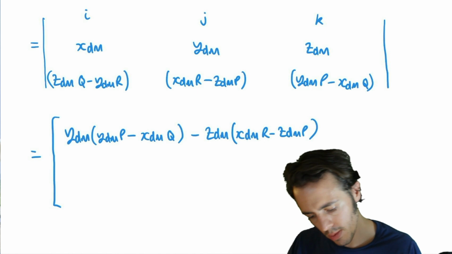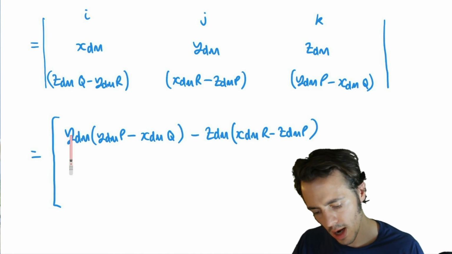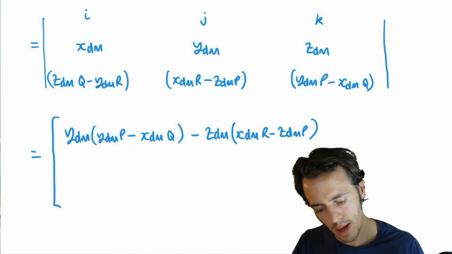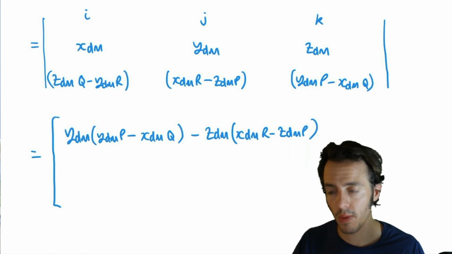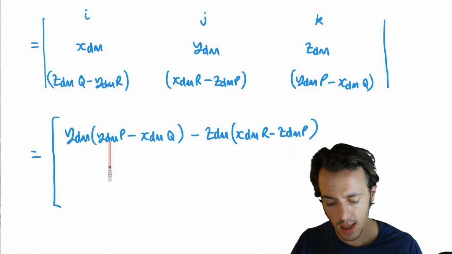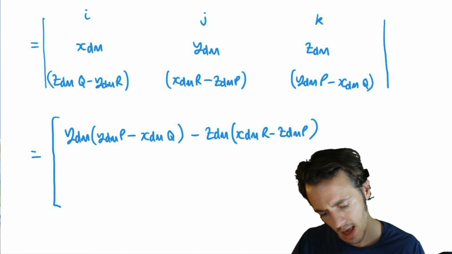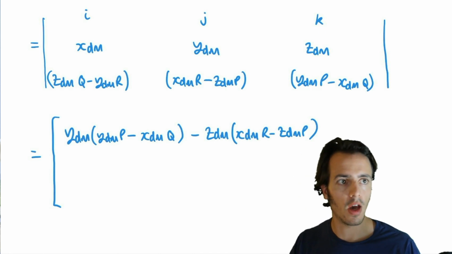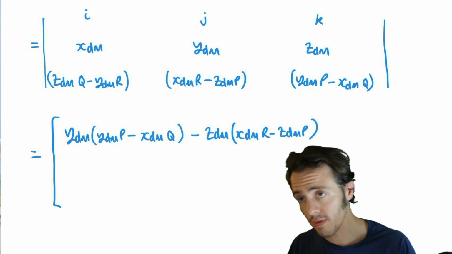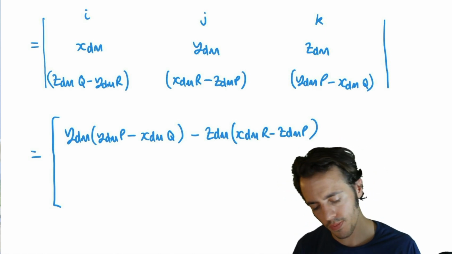You can probably see that we're going to have some squared terms here. So I've got y dm multiplied by p, and I've got z dm multiplied by p as well. So we're going to have y dm squared plus z dm squared multiplied by p, and then we're going to have some other terms. So I'll do all of the cross product and then we'll bring it all together.